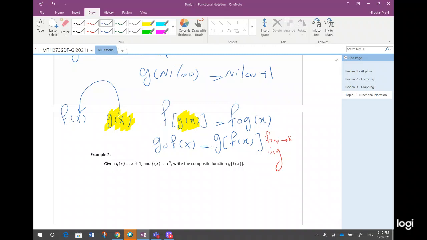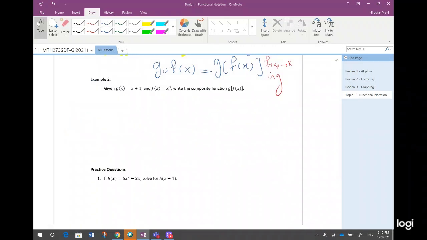Okay, let's do an example. Look at this. I have g of x equals x plus 1. I have f of x equals x cubed. What is g of f of x? I try to do it step by step so I don't make mistakes. So g of f of x.